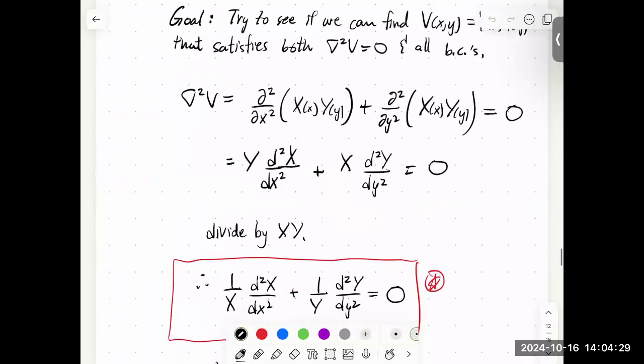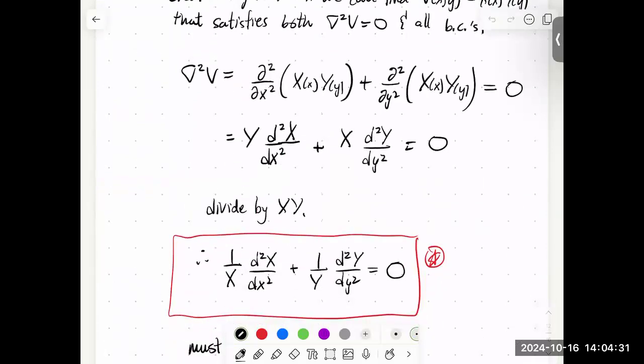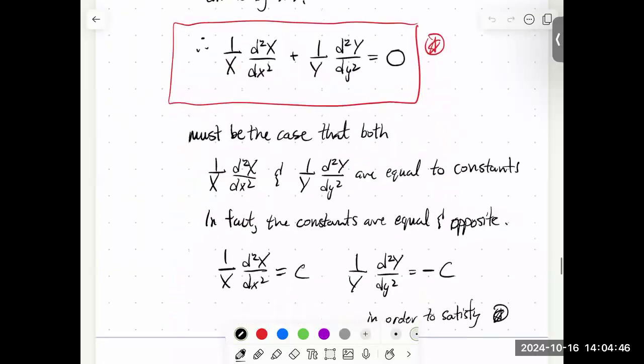The first step was to put this product into Laplace's equation and divide by x times y. That led to a sum of two terms, the first involving only x and the other involving only y, and they have to sum to 0. This equation, star, has to be valid for all choices of x and y.